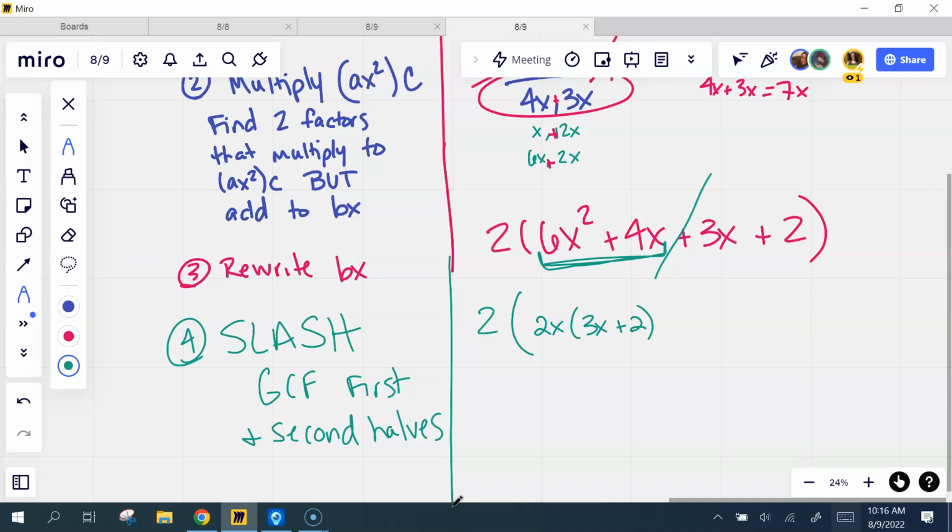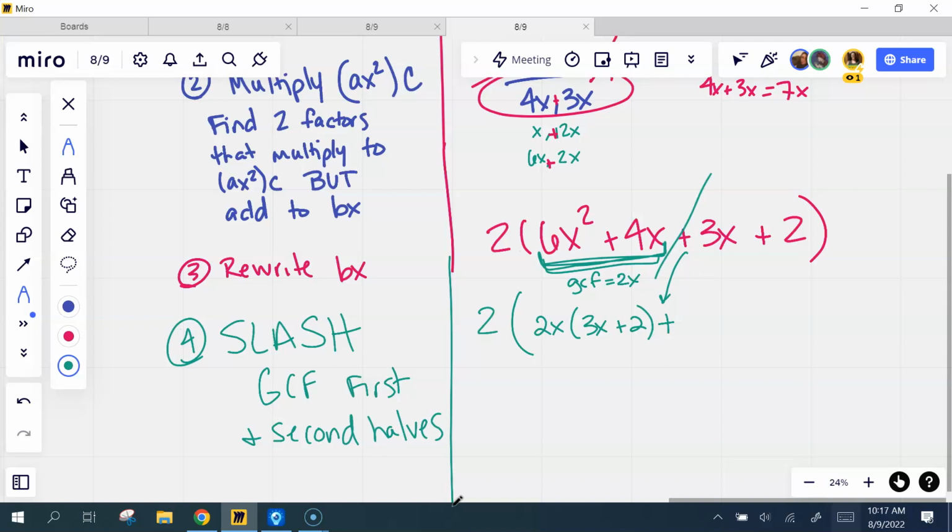The GCF of 6x squared and 4x. Okay, yep. You following me? Okay. So the GCF of 6x squared and 4x is 2x. So I took that out. Your middle sign always stays, so drop that middle sign down.